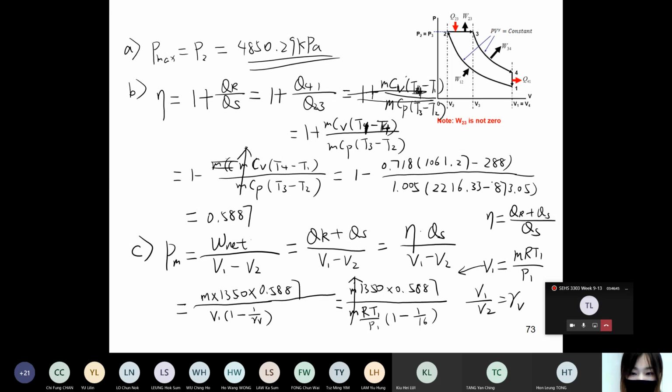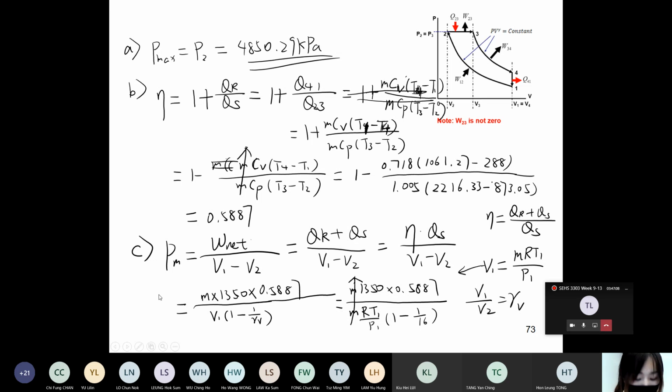At this point, any problems? Here, I made a big mistake. I used T4 minus T1. You should always use the final state minus your initial state. But you are good, you pointed out the mistakes.